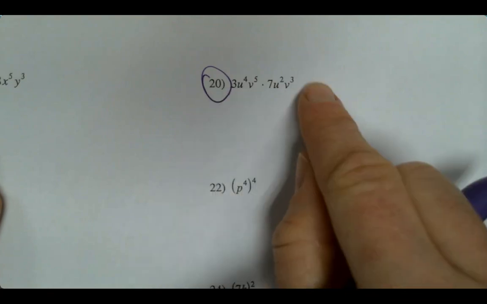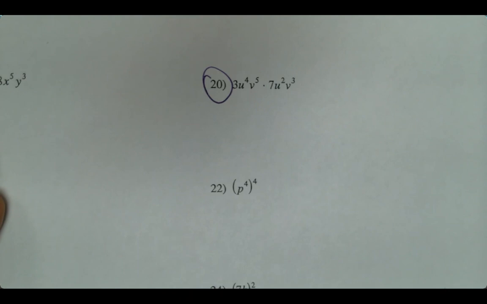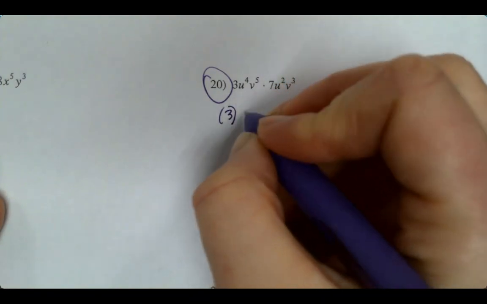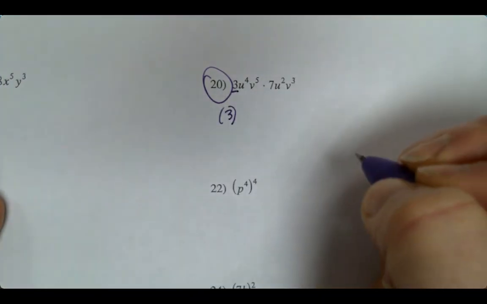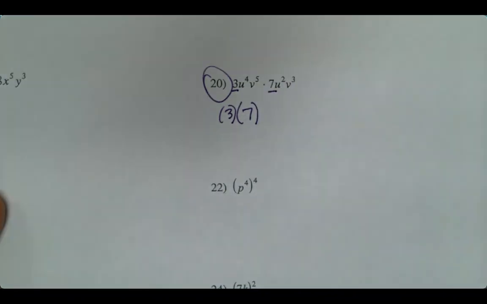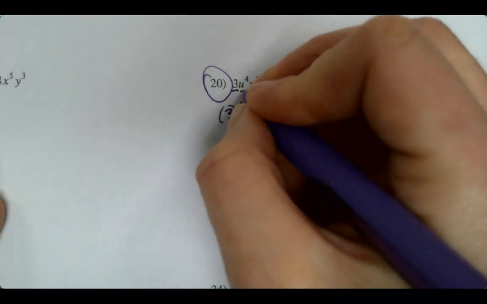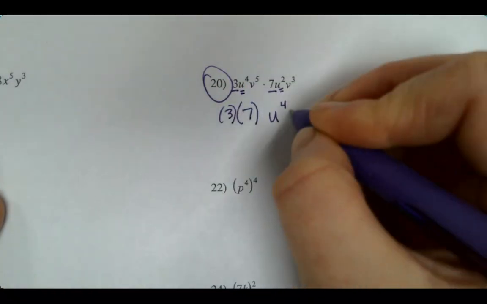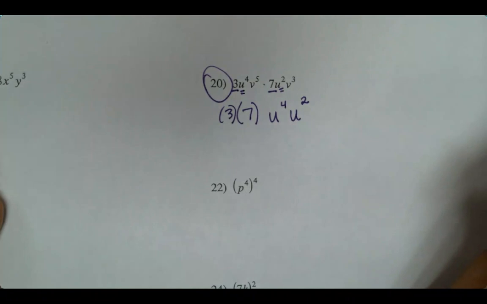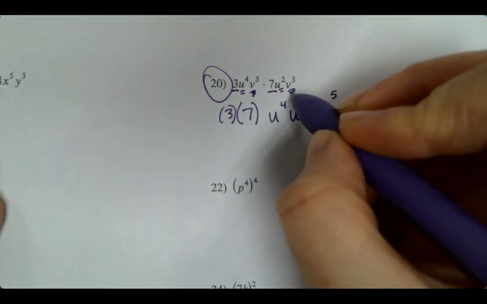So we have this problem. So we're going to put all of our constants out front, then our variables together. So we have 3, 7, and then U4, U2, V5, V3.